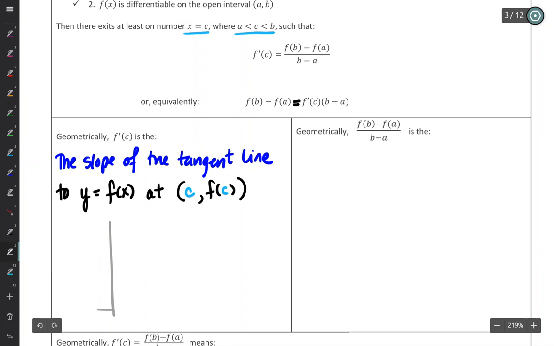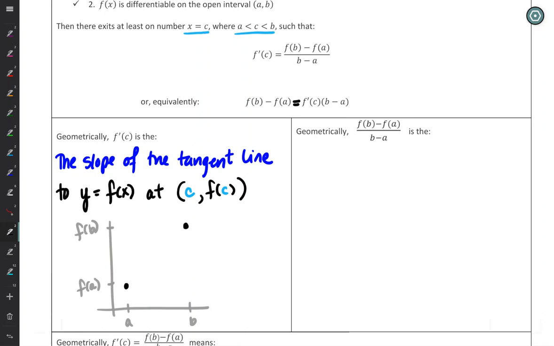So here we have a, b. Say the function sends a up to this particular y value, f of a, and b up to this y value, f of b.